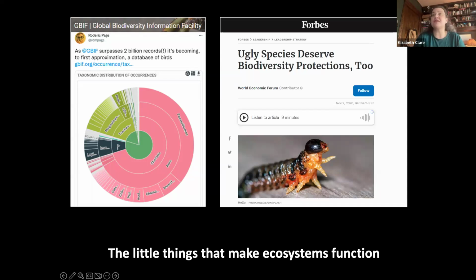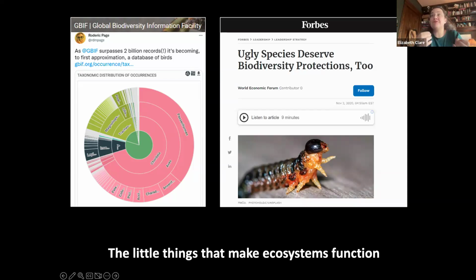If you use iNaturalist or NextBird, some of these online tools, they're massively dominated by people's personal observations, which tend to be things you see commonly like birds, which led someone to write in Forbes this article that said ugly species deserve protection too. And one of my friends describes these little things as the little things that make ecosystems function. We know very, very little about the small species that actually drive all the ecological processes we care about.